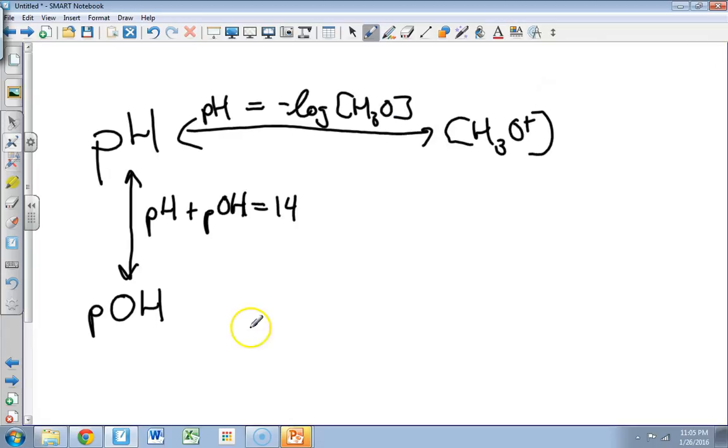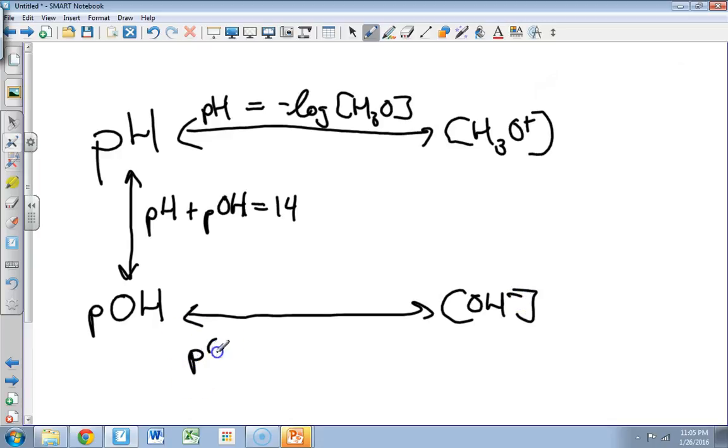And we can interconvert between pOH and hydroxide ion concentration using pOH equals the negative log of the concentration of the hydroxide ion.